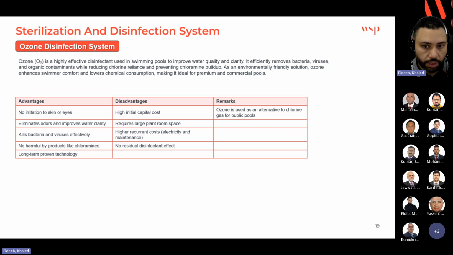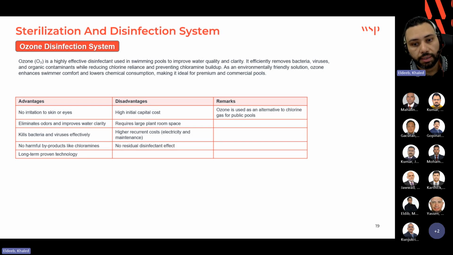As we see here in this table, we show the advantages and disadvantages of this system. The benefits of ozone disinfection in the swimming pool: first, it doesn't cause skin or eye irritation like chlorine. Chlorine sometimes causes skin and eye irritation; with ozone, we don't have this. Okay, it effectively removes odor and enhances water clarity, unlike chlorine, where too much chlorine causes cloudy water, as I showed you before in the first session.